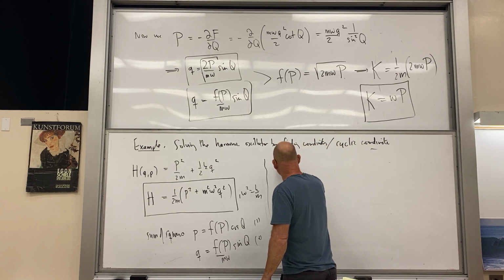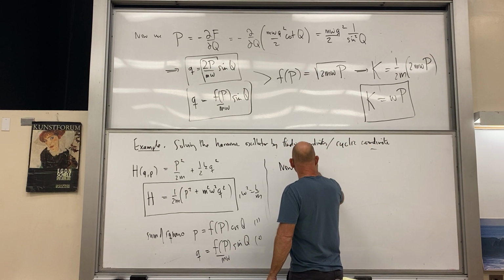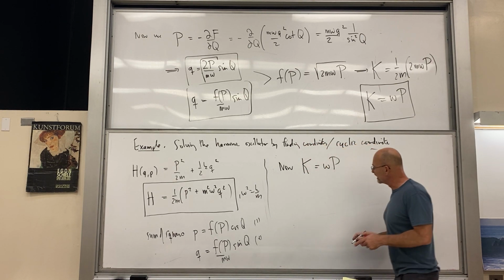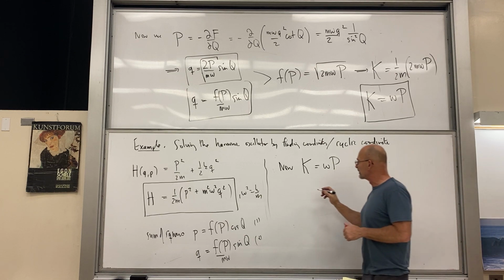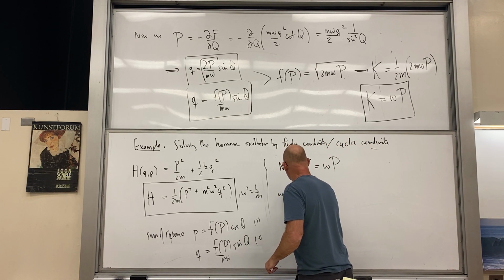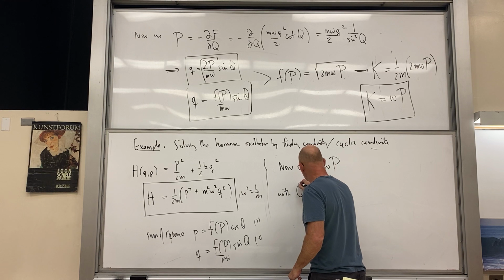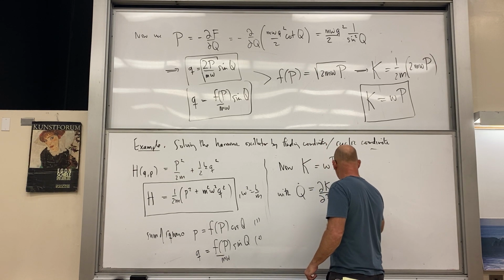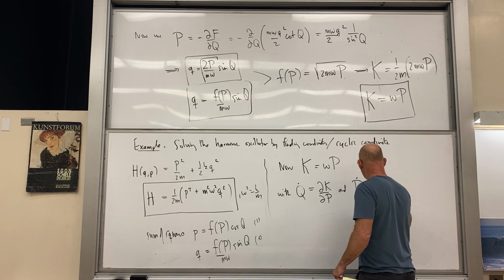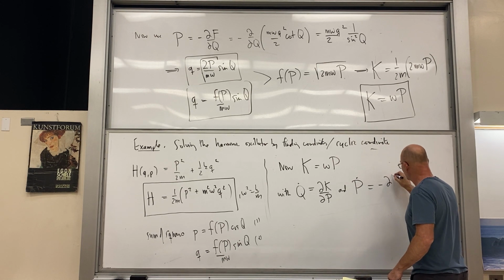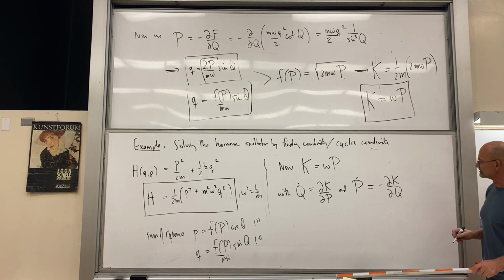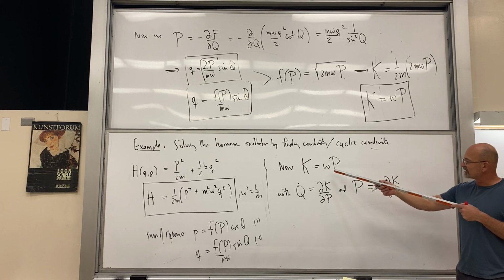Now we have K is equal to omega P, that's the Hamiltonian, and then we have the canonical equations with Q dot is equal to dK dP, and P dot is equal to minus dK d capital Q. Well, of course, we have a cyclic coordinate here.